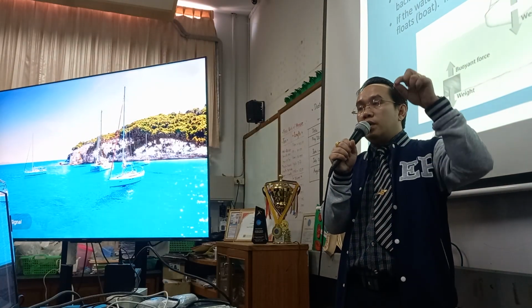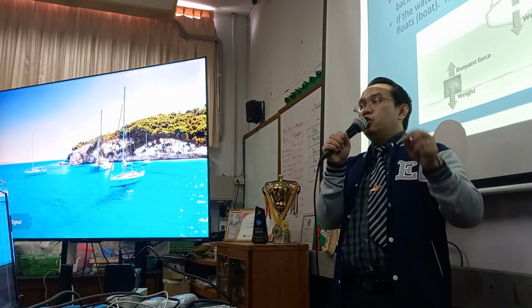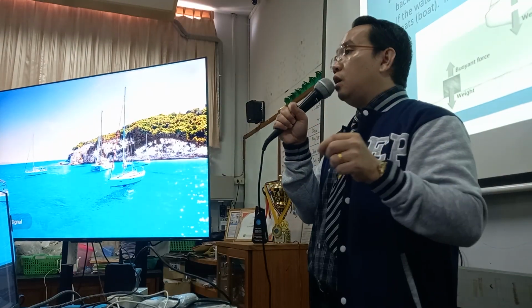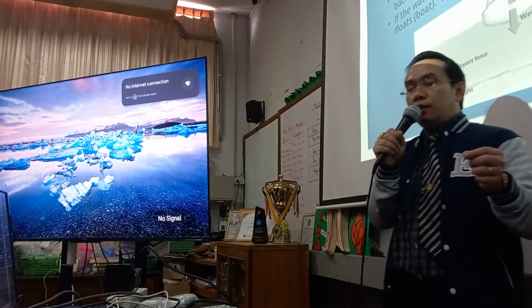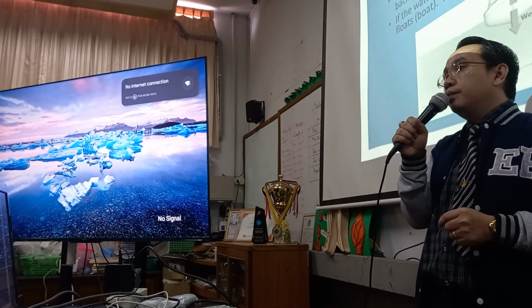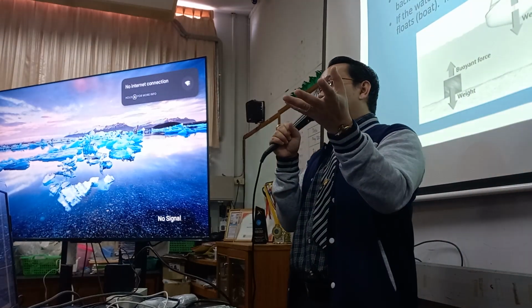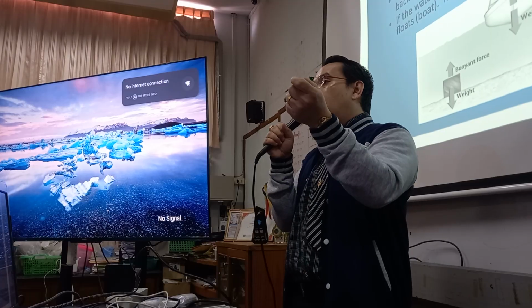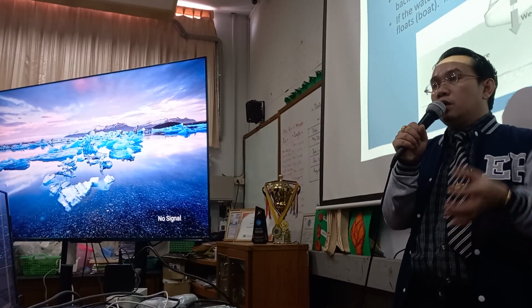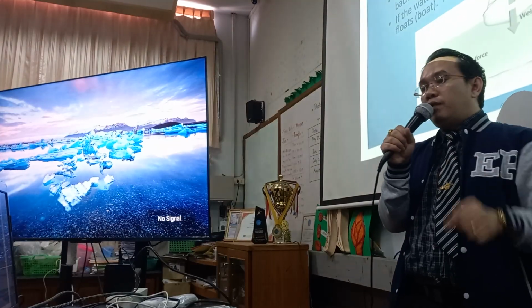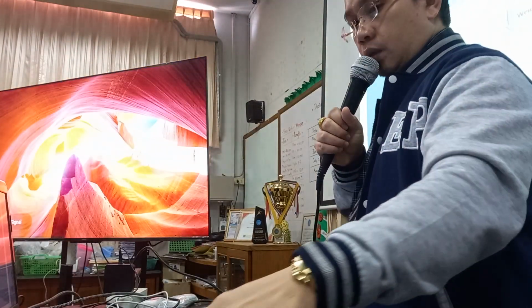If not, it will sink like steel due to its density. So in this scenario, either the object will float, sink, or partially submerge. It's because it depends on the weight of an object as well. Right?